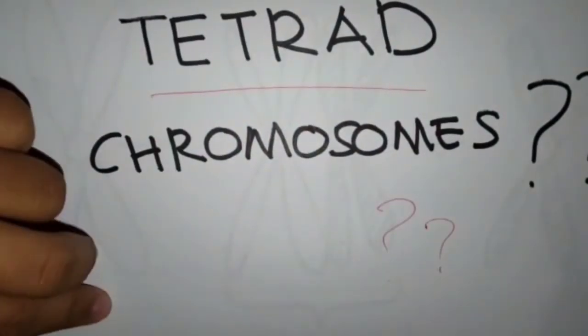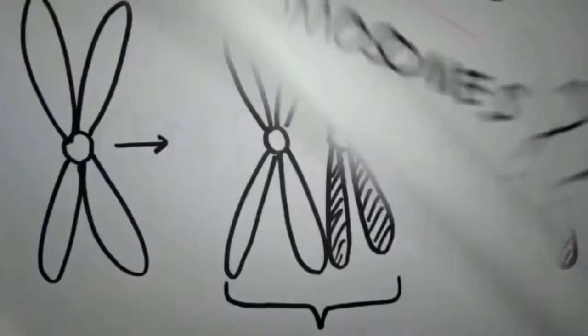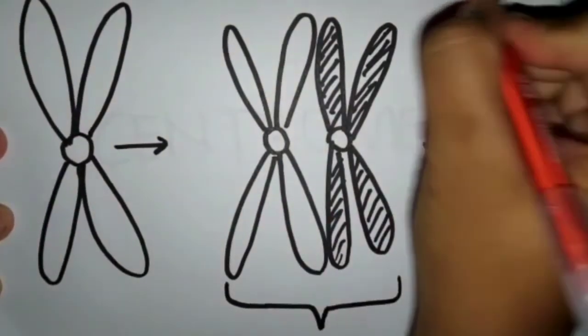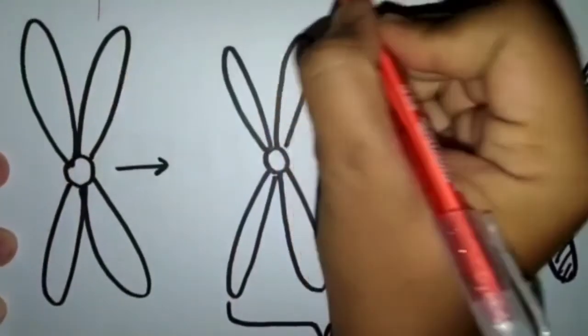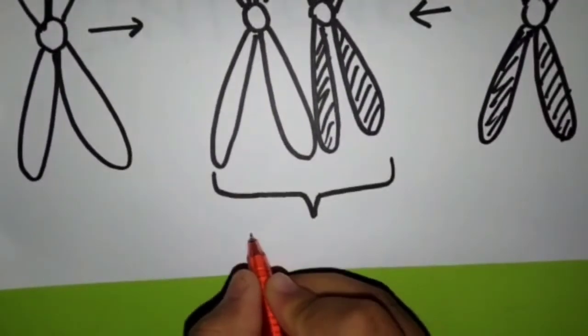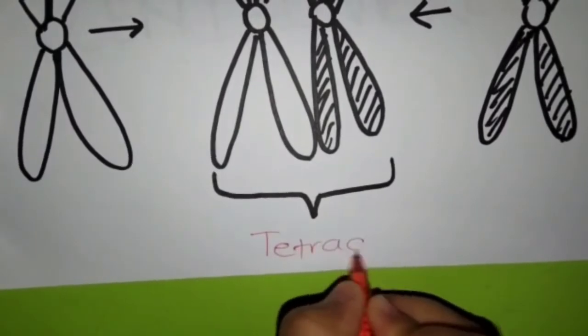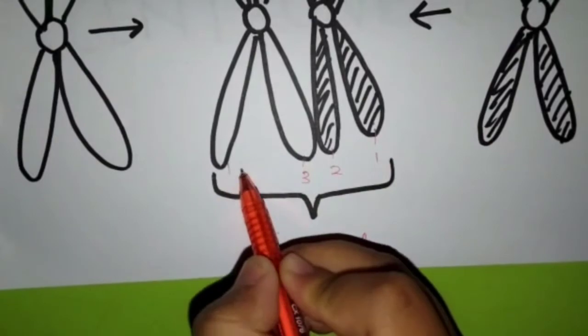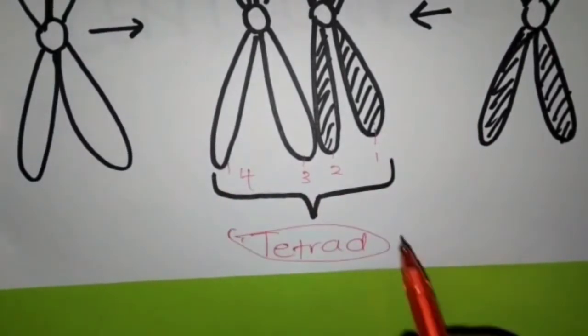What is tetrad chromosome? Tetrad is the foursome during meiosis made by two homologous chromosomes that have each already replicated into a pair of sister chromatids. So that is tetrad: 1, 2, 3, 4. That one we call tetrad.